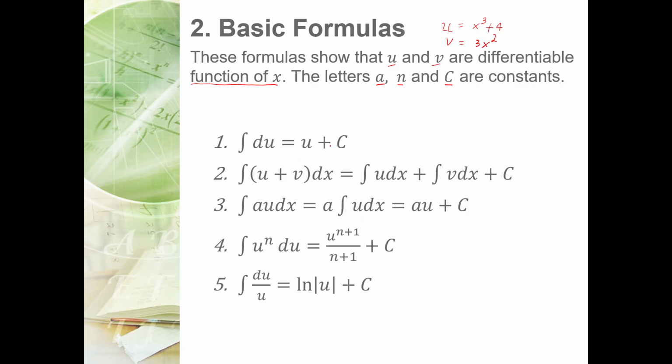So the first formula, if we try to break it down, is just the integral of a constant. If you identify the different parts of your equation, this is the integral sign, this is the variable of integration, u, and our integrand is this 1 here. It is invisible because we are not used to putting 1 in the equation.